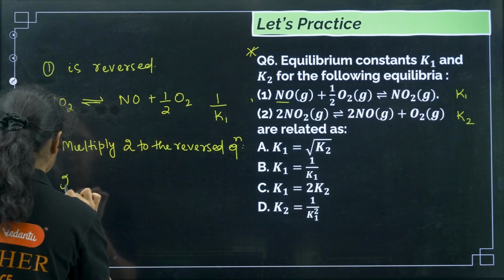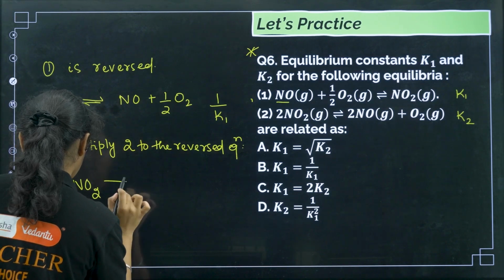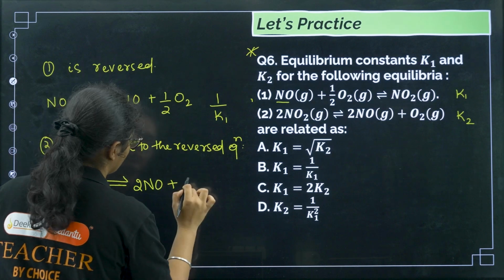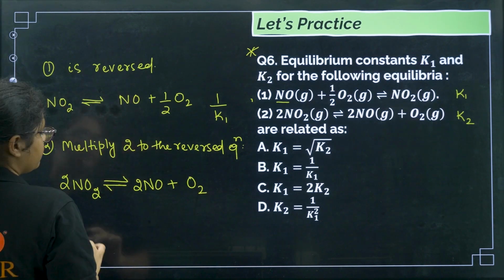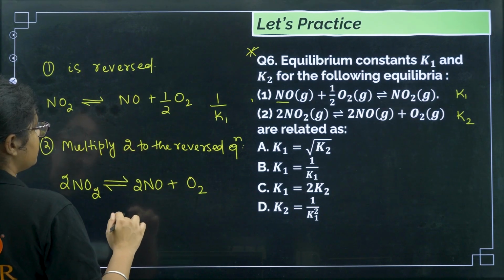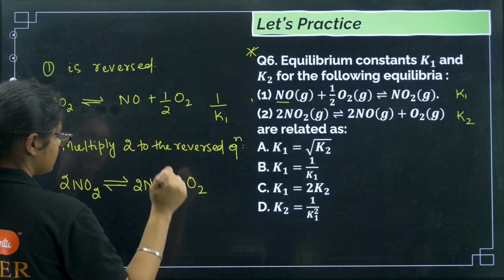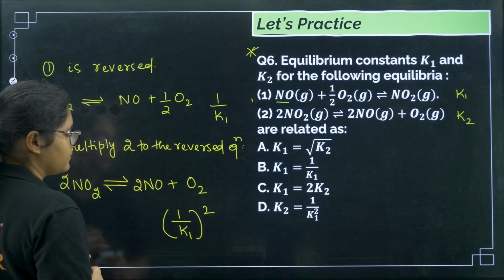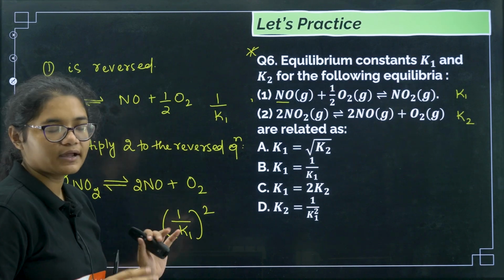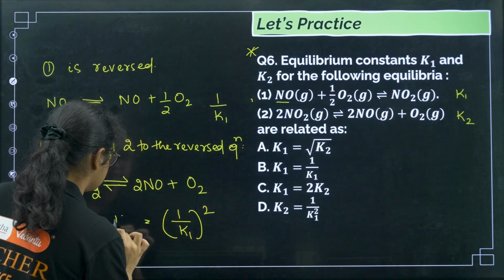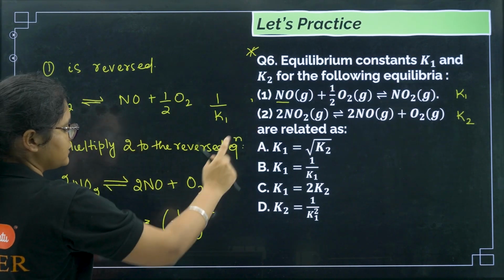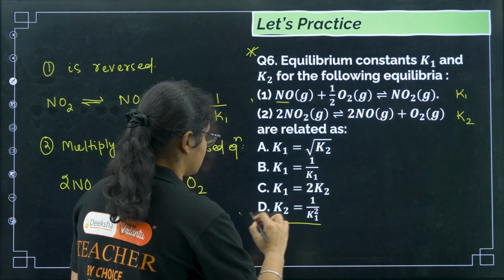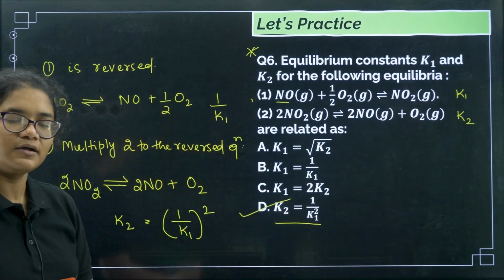So I'll get 2NO2 gives you 2NO plus O2. The reaction is multiplied by 2, so I will get 1 by K1 squared. So K2, which is the equilibrium constant of this reaction, is 1 by K1 squared. So K2 is equal to 1 by K1 squared, option number D is the correct answer here.